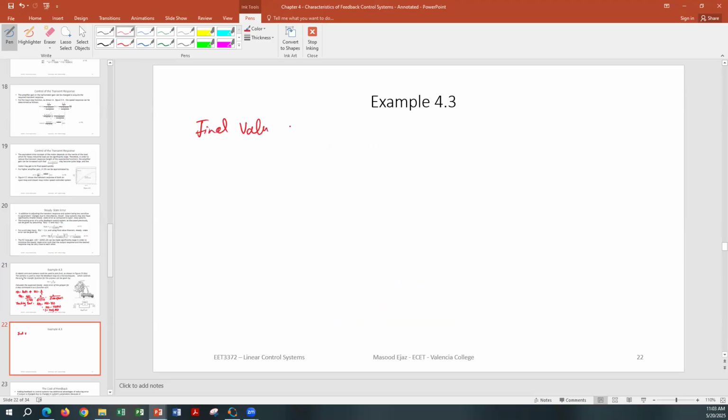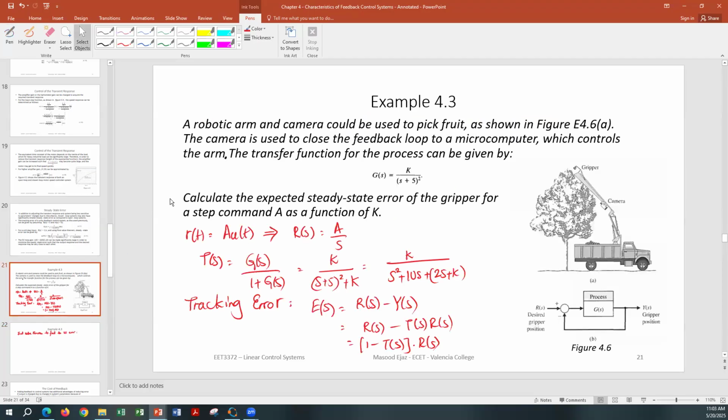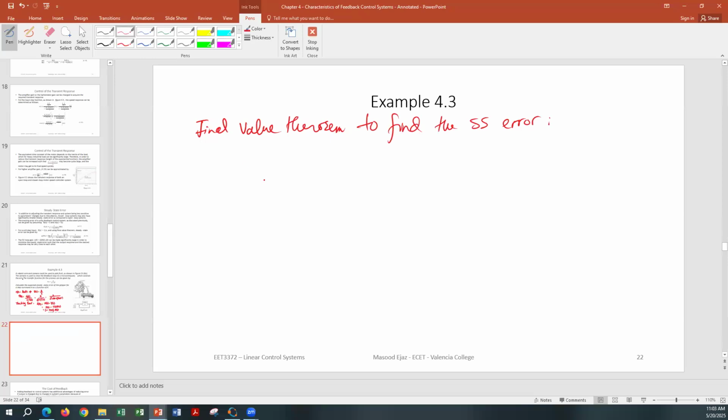Final value theorem to find the steady state error. E steady state is equal to limit s tends to 0, s times E(s).